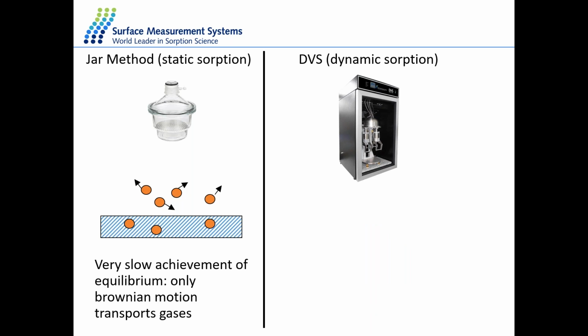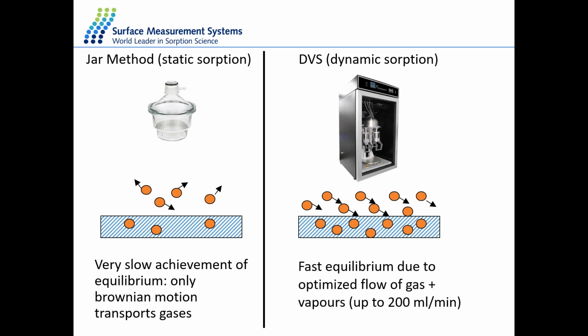The other difference is obviously the method that is used to reach equilibrium. In a jar method, we use basically static diffusion of molecular gas on the surface of the sample. In a DVS, we have a constant carrier gas that pushes molecules on the surface of the sample. We usually use 200 milliliters per minute of nitrogen or 200 milliliters per minute of air. And that allows us to reach the equilibrium much faster.